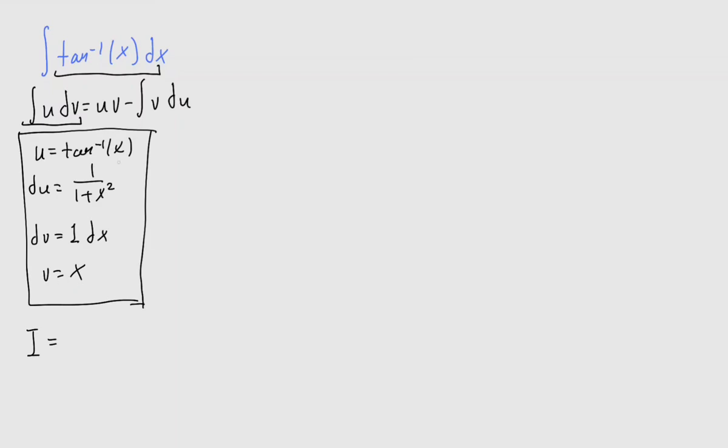Just for aesthetics, I'm going to put the x first. And then we have to subtract the integral, and now we're going to plug in our v du. We know v is equal to x and du is equal to 1 over 1 plus x squared. So it'll look like this.